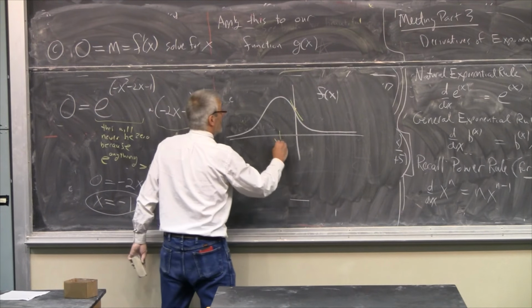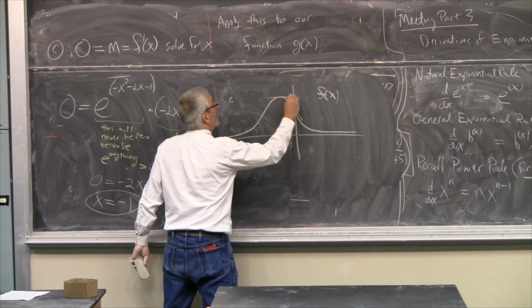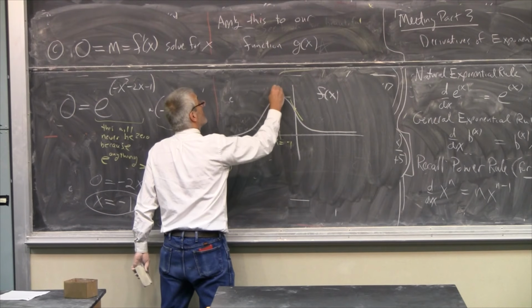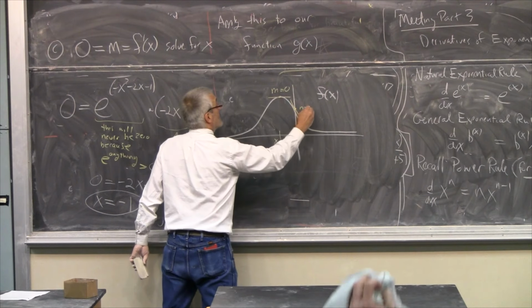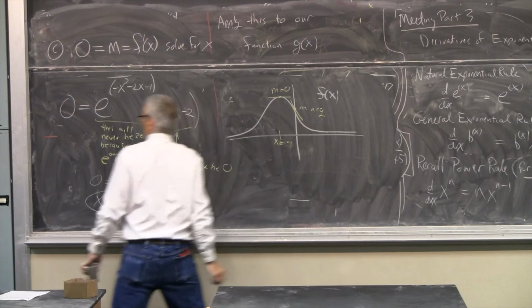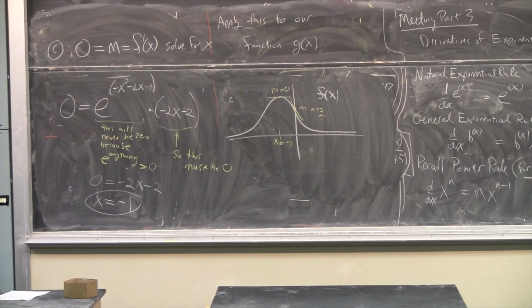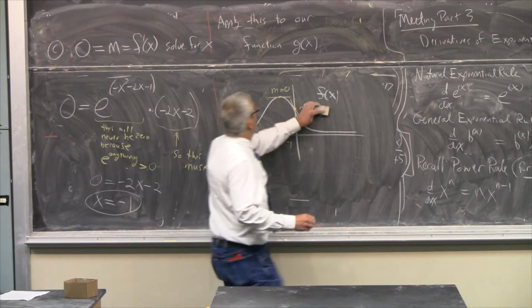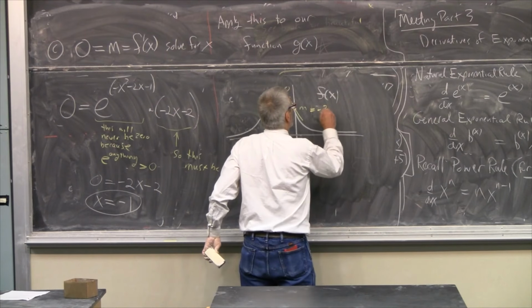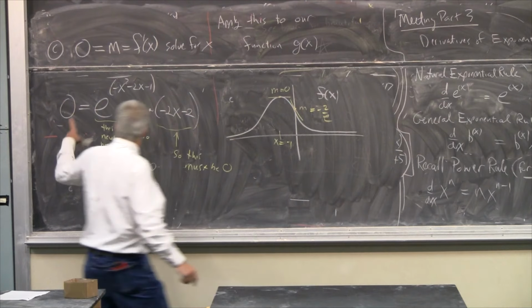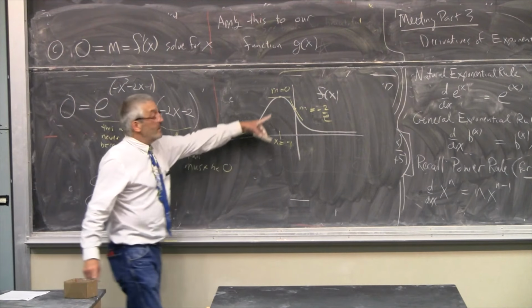But at x equals negative 1, the slope is 0. So here we found this slope at x equals 0 is minus 2 over e. And we found at x equals negative 1, the slope is 0.